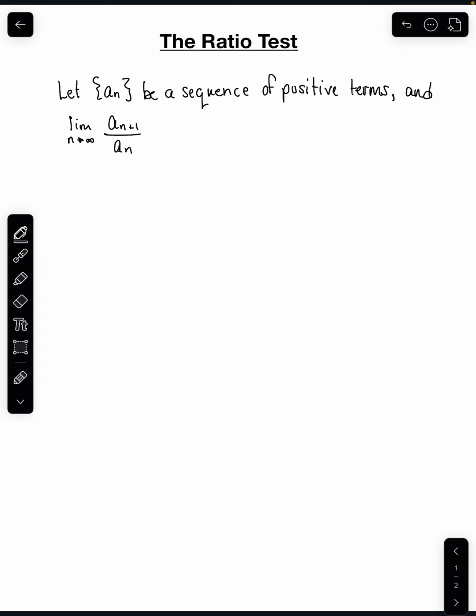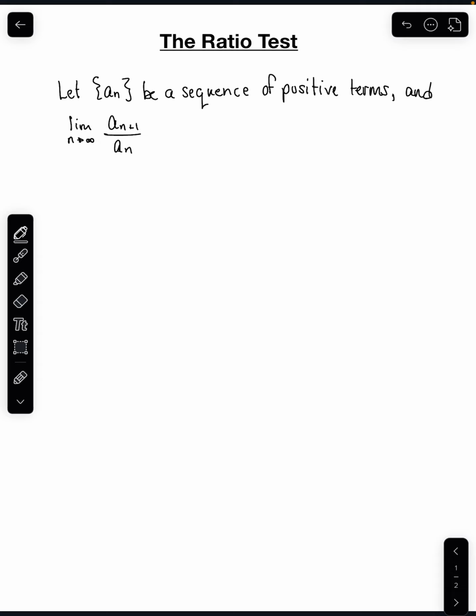Now, the idea is that we already know that the terms would be getting smaller. If they weren't, then we already would know that it diverges by the divergence test. So we know that the terms are getting smaller. So what happens here is that the term in the top will always be smaller than the term in the bottom.